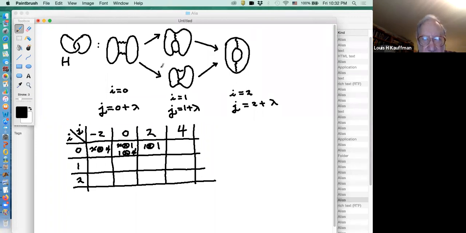Okay, now we go over here to I equals 1, and we ask the same question. What's the lowest it can be? Well, it's going to be 1 plus the lowest possible lambda. And how low can the lambdas be in each one of these summands? -1 is the lowest it can be. And then we're going to have a 1 added in. So that makes it 0. So it starts at 0.